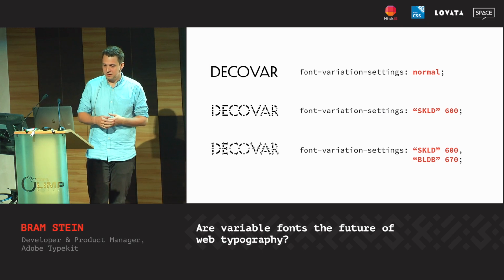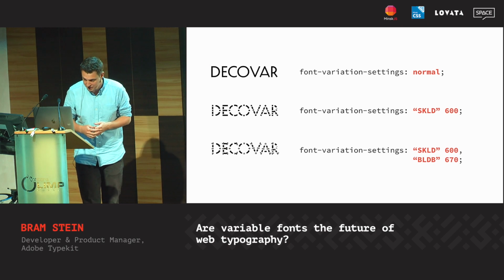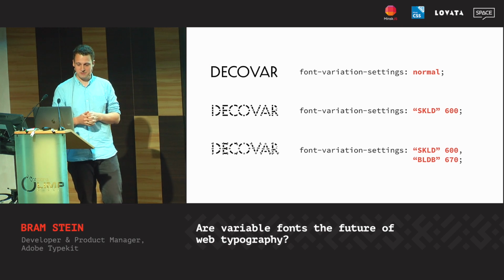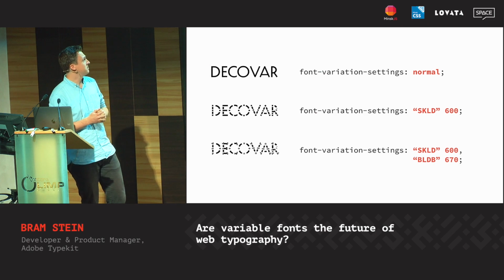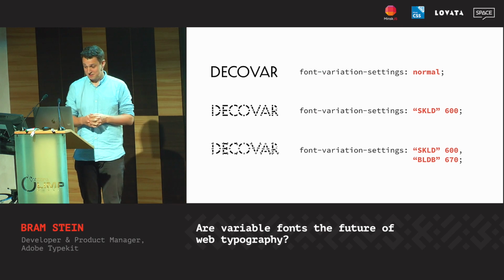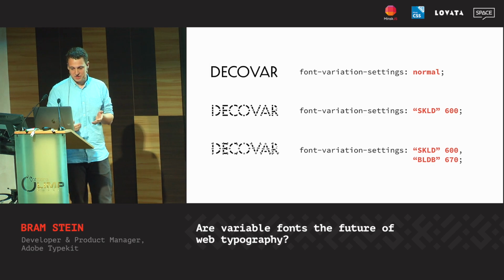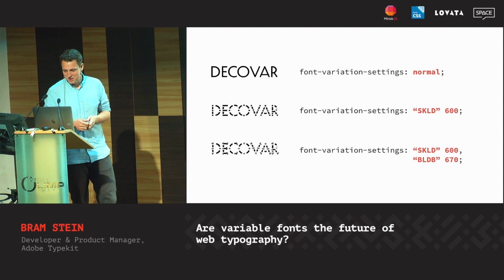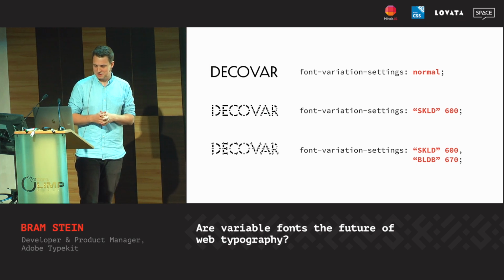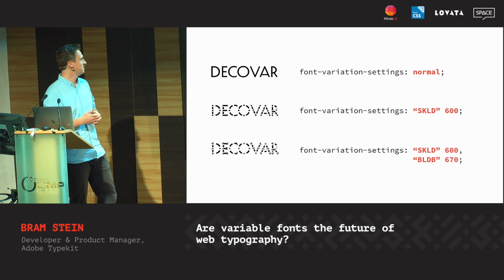And in the middle, I'm setting an axis called SKLD to 600, which I think means stripes. At least that's the effect anyway. And then the last one at the bottom is the combination of SKLD and BLDB, which I believe is a combination of stripes and squiggly things that stick out.